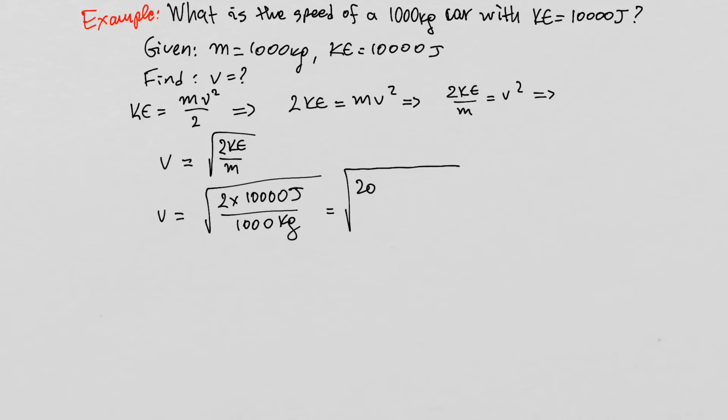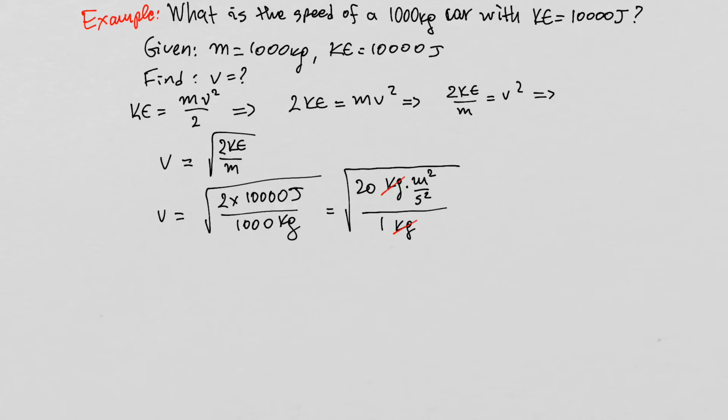And now to get the units, remember that 1 joule is equal to 1 kilogram times meter squared per second squared. And then on the bottom we have 1 kilogram. So the units of kilograms will cancel out. And then the square root is going to remove the second power from the units here.